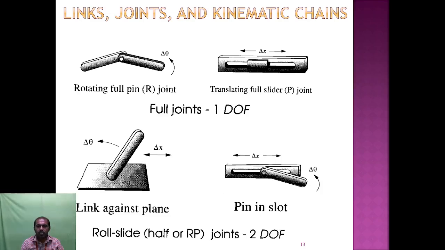So it is 2 degrees of freedom. And the pin in slot: there are 2 rigid bodies, one fixed and one moving. This moving link is connected to the pin joint, and the link moves in the x direction as well as in curvilinear motion. So the pin in slot has 2 degrees of freedom.